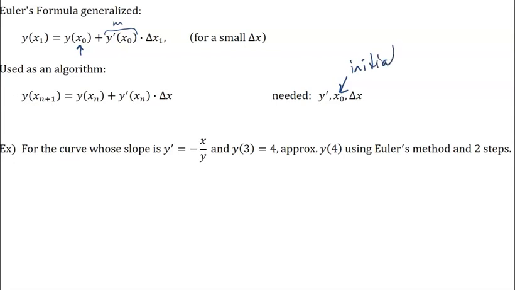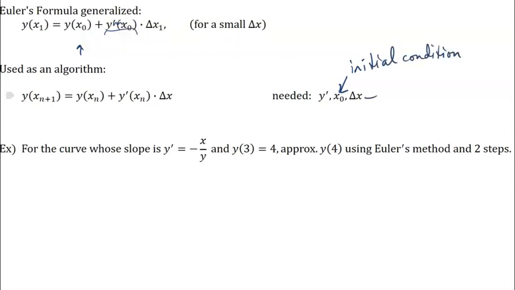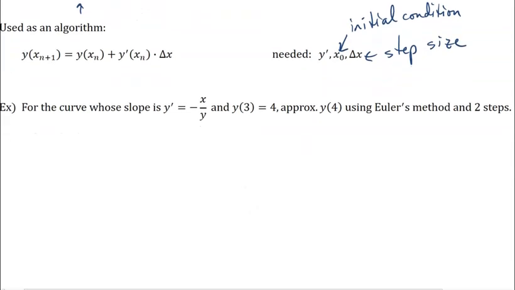Okay, so this is the initial condition. And then the step width or step size. Also, a problem will tell you how many steps to use. Or it'll say get from here to here, or approximate this using this many steps, and then you can figure out the width of the step.